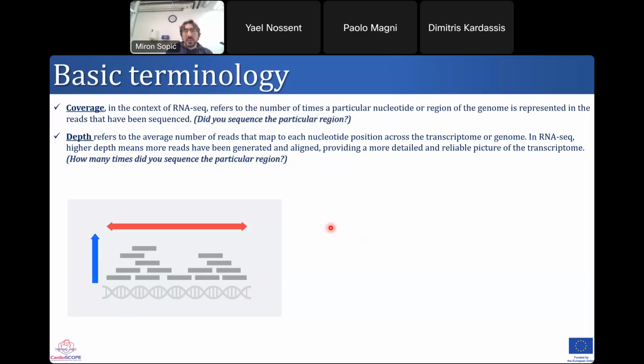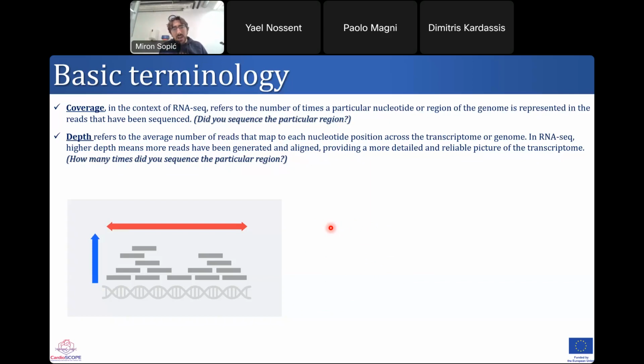Now, two terms that are also very frequently used, especially if you plan some RNA sequencing experiments in the future. Somebody might ask you what type of coverage you need, or what depth of sequencing you aim to have. This is why I think it's very important to understand these things. They are interconnected, but they are not synonyms. So I would like to explain, at least from my perspective, the difference between coverage and depth.